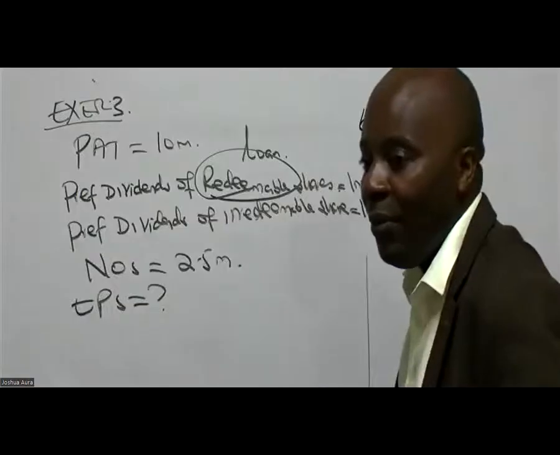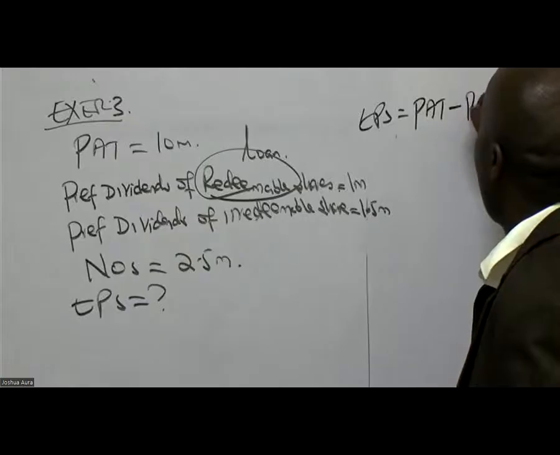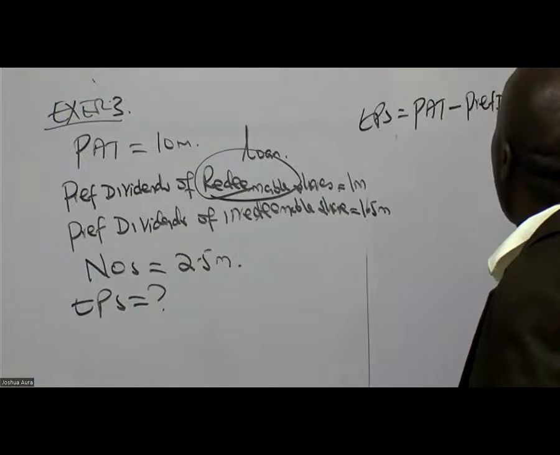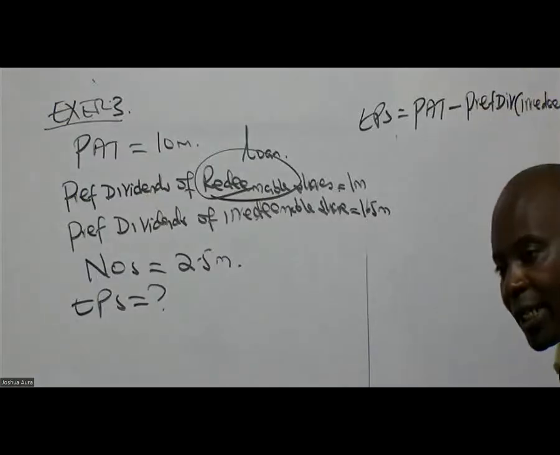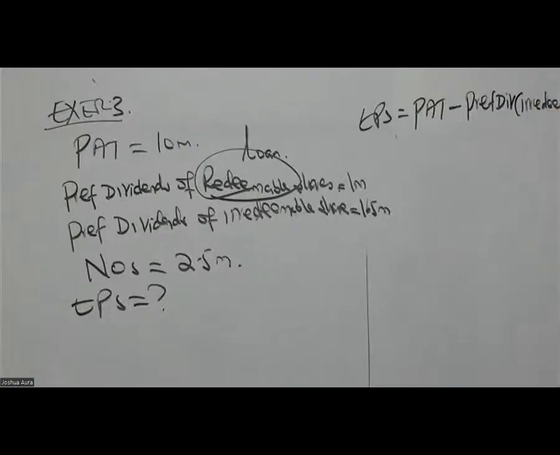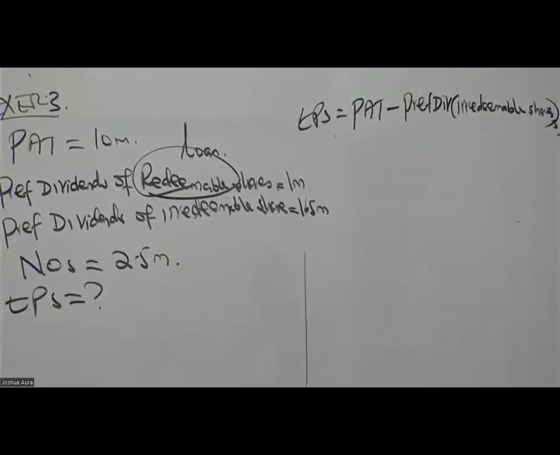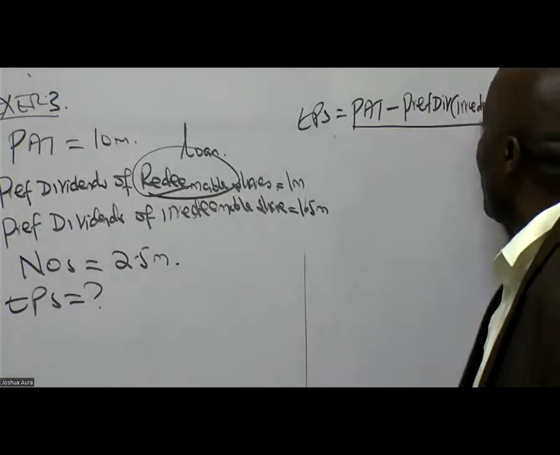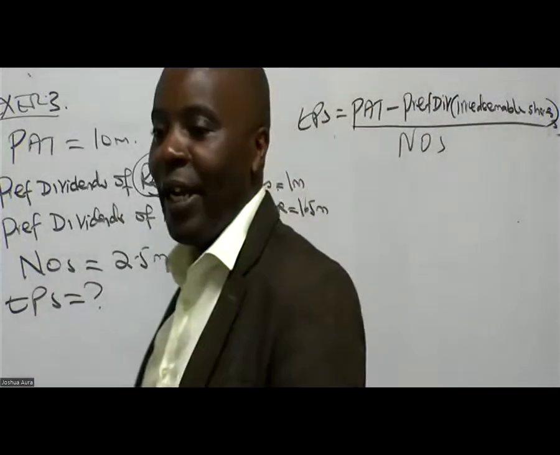EPS will be equal to profit after tax minus preference dividends of irredeemable shares, all over the number of ordinary shares.